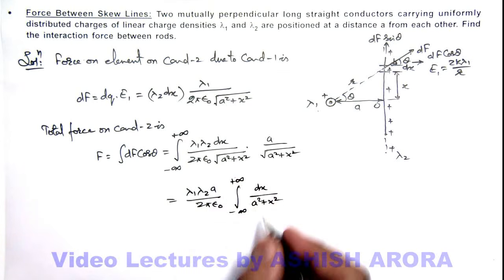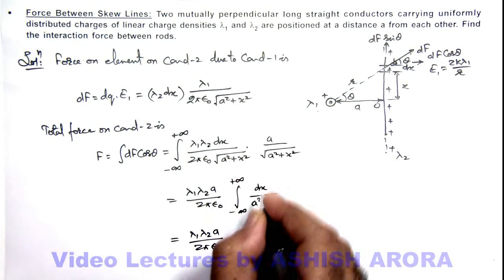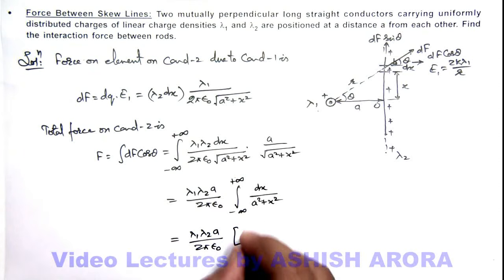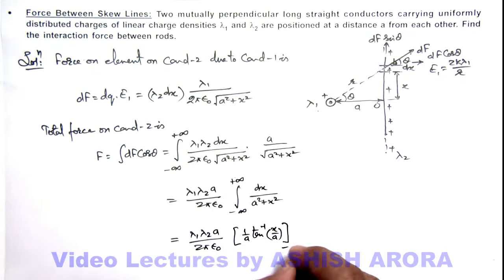Here there is a standard integration which we can write as lambda1 lambda2 a by 2 pi epsilon naught. The integration of 1 by a square plus x square can be written as 1 by a tan inverse of x by a, and we substitute limits from minus infinity to plus infinity.